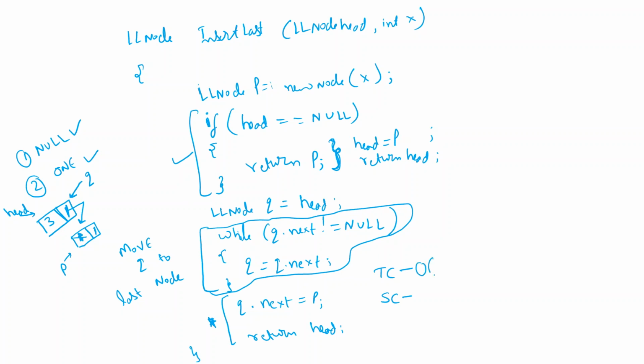So the time complexity is order of n, where n is the number of nodes, because this while loop depends on the number of nodes. Number of iterations will be equal to number of nodes. And space complexity, even though I have created two new references over here, p and q, they both do not depend on the number of nodes of the linked list. So I'll still call them constant.